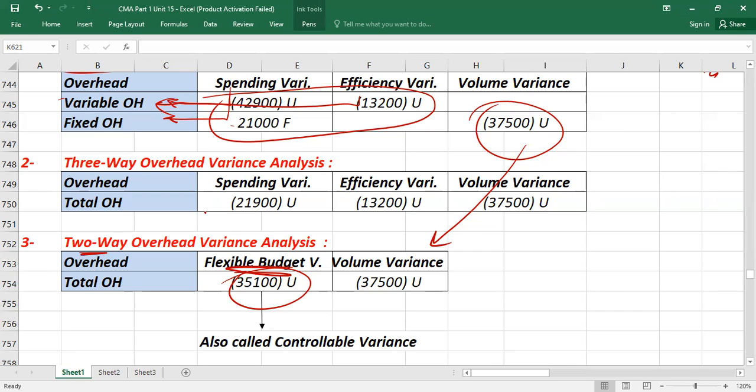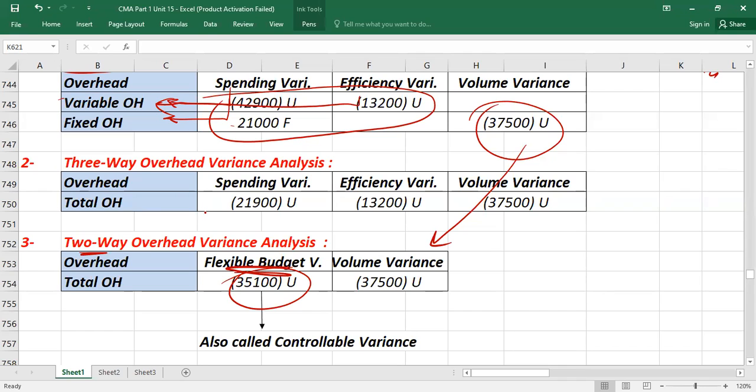Can I ask a question? In two-way variance, how many variances will you report? Two. What is the name of the first variance? Flexible budget. How would you get it? By taking spending of variable overhead, spending of fixed overhead, and efficiency of variable overhead. So you will get one flexible budget variance. And what is the second variance? Volume.